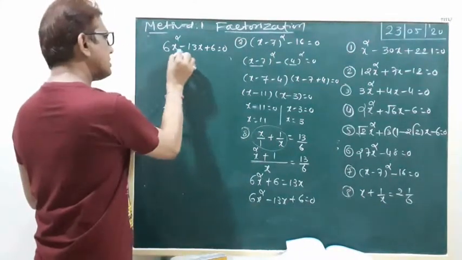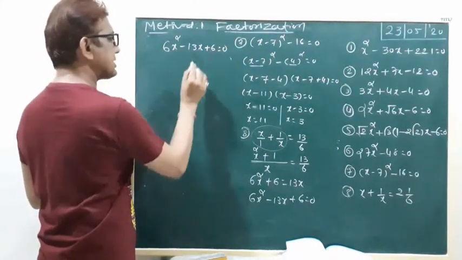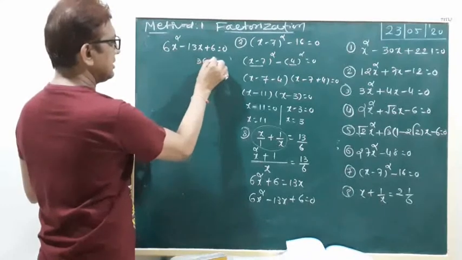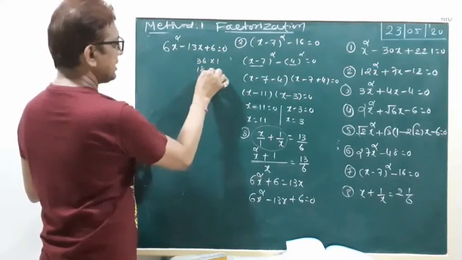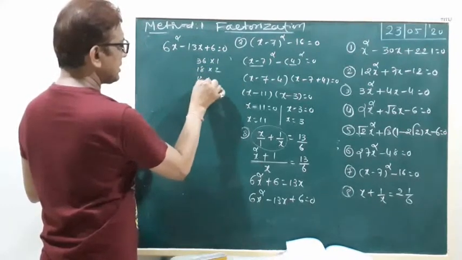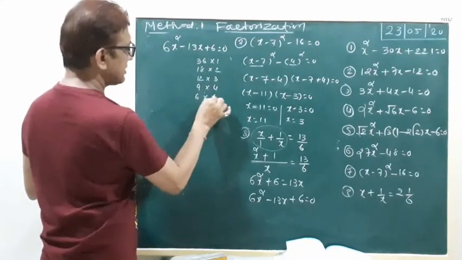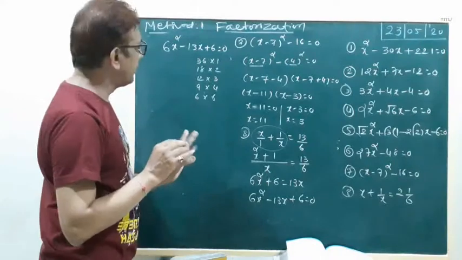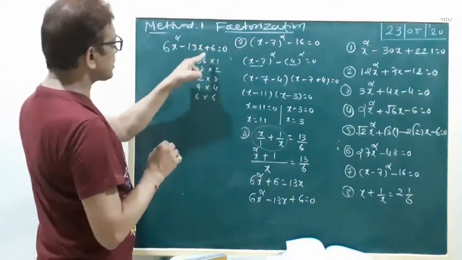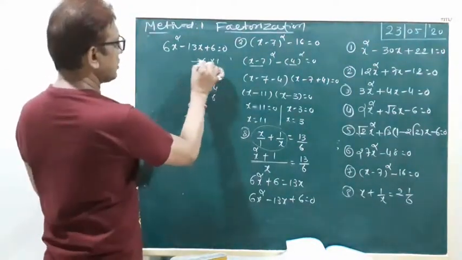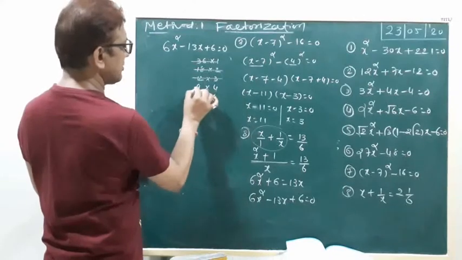Now first multiply these two numbers: 6 6s are 36. 36 1s are 36, 18 2s are 36, 12 3s are 36, 9 4s are 36, 6 6s are 36. Now the last term is positive, and the sum of these two numbers must be 13.